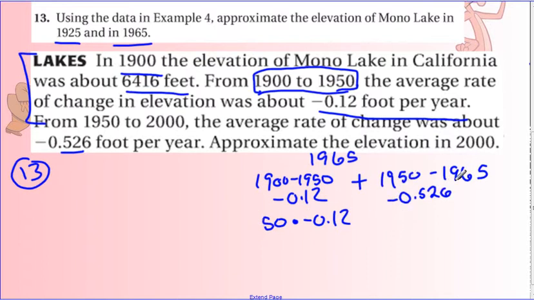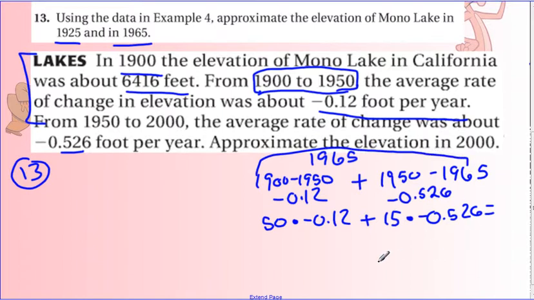Here, this is 15 years times negative 0.526 feet. So this is the change in feet over the next 15 years. And together, that gives you the total change from 1900 to 1965.